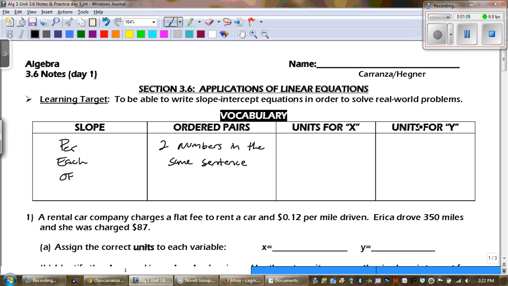Units for x: unless it's stated otherwise, the units for x are time and distance. And the units for y is your money.